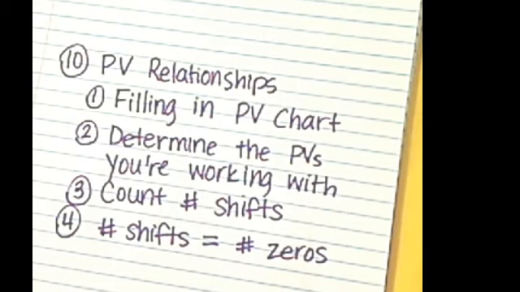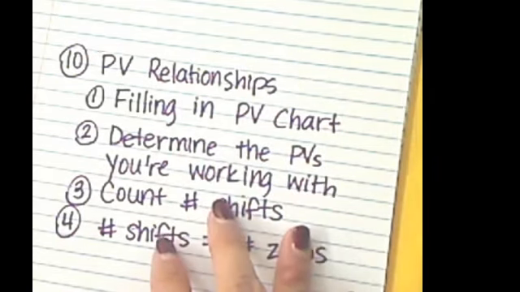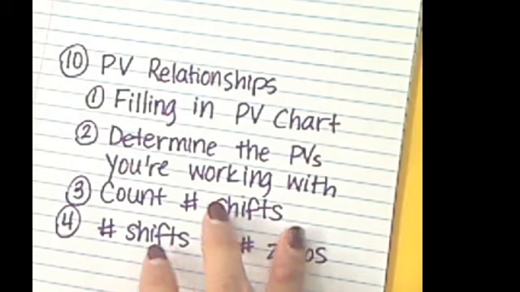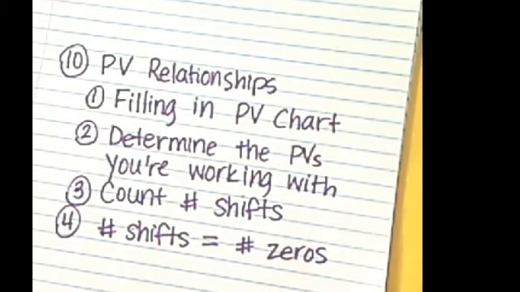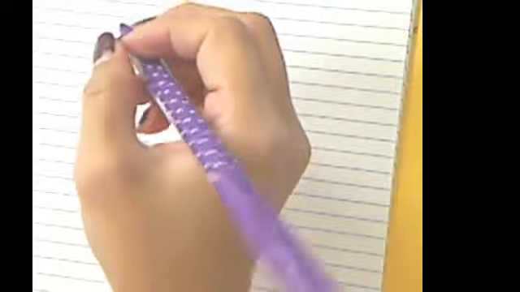So I've got these steps here for figuring out place value relationships. So let's look at number 10. It's asking you to look at the digit 5.